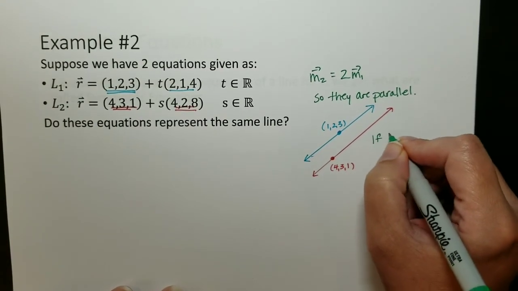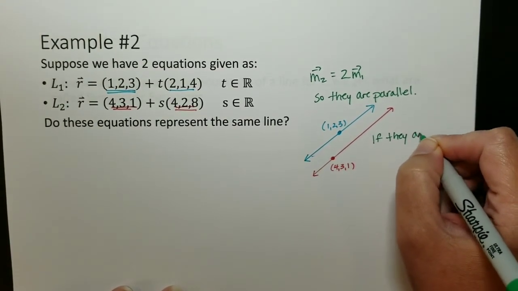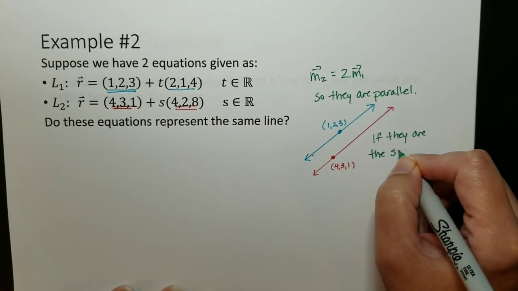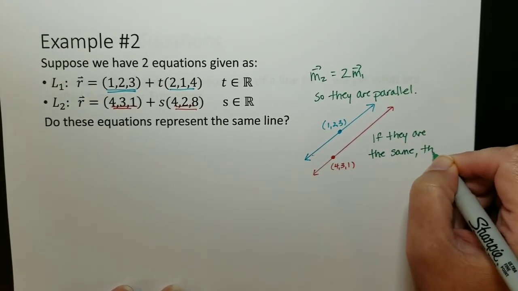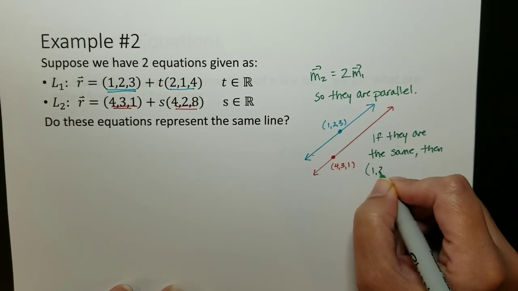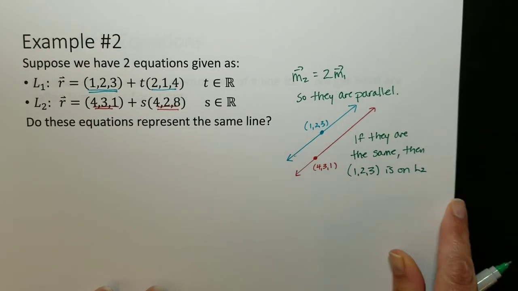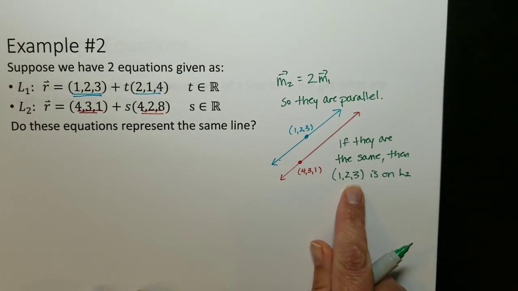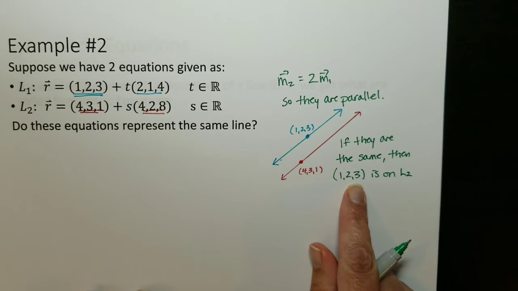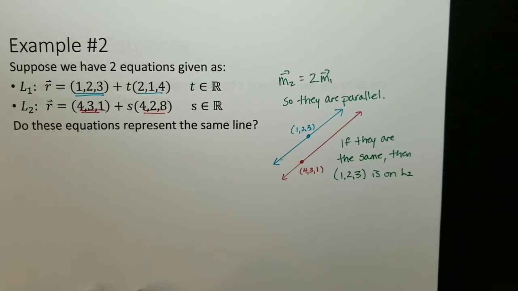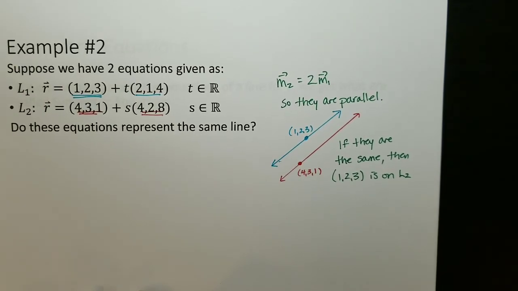If they are the same, then this first point, 1, 2, 3, is on line 2. That's something we looked at in the day 1 lesson. We took those parametric equations and checked the x and y and z value and solved for the parameter t.